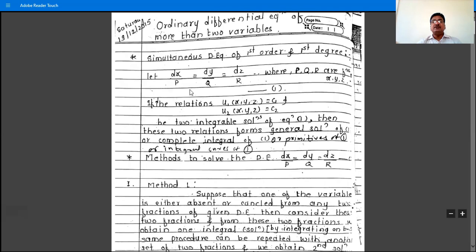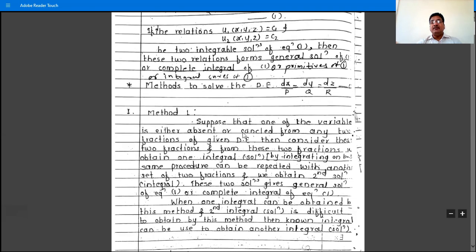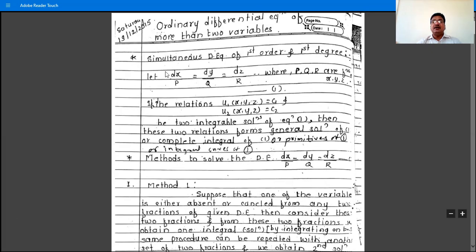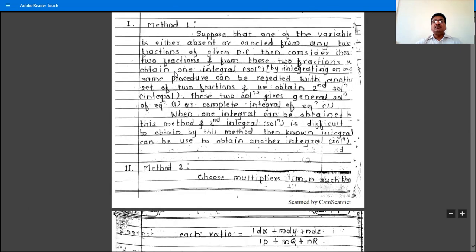For example, if you consider the first two ratios, dx by P, dy by Q, and there is no z in them, or if you consider the first and third ratios and variable y is absent or can be cancelled.